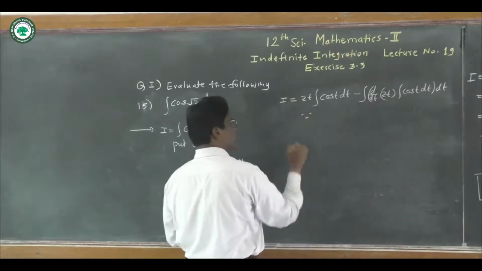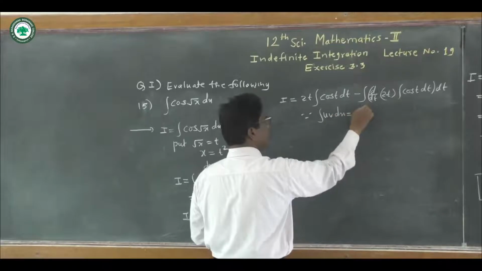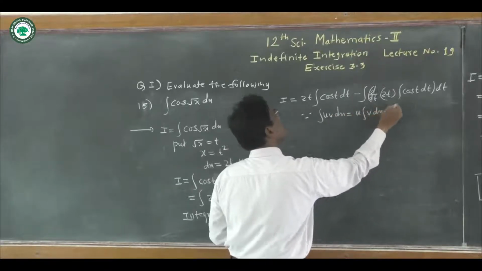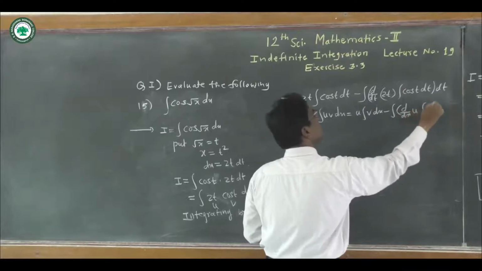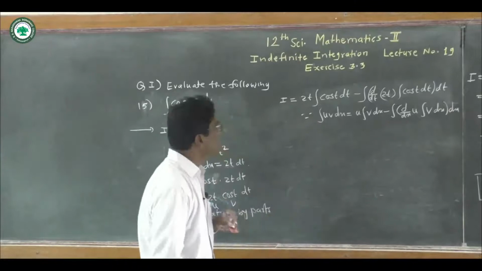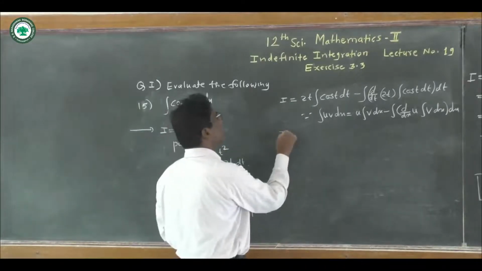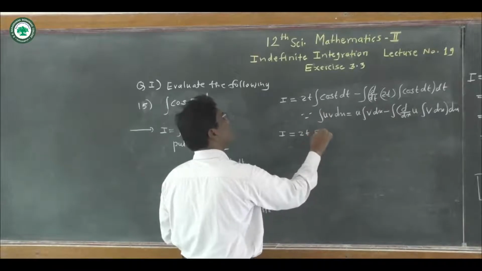Since here we write the formula: integration of uv dx is equal to u integration of v dx minus integration of d by dx of u into integration of v dx. We use this rule. So I is equal to here 2t integration of cos t, sin t.